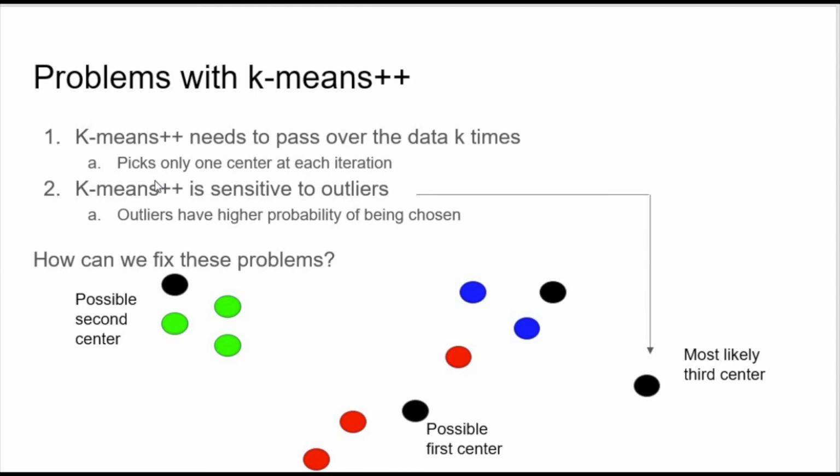Not only is the runtime expensive, but k-means++ is also sensitive to outliers, because the most likely point to be picked at each iteration is an outlier, because outliers are inherently far from the rest of the distribution. So we have 2 problems, runtime and accuracy. How can we fix these problems?